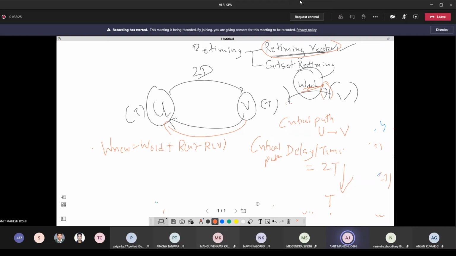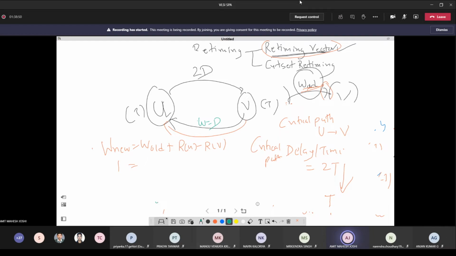My intention is W new should be 1. Why? Because I want at least one D. See, for the critical path delay, at least 1D is required to break the path. 2D, 3D, 4D doesn't make any difference for me.